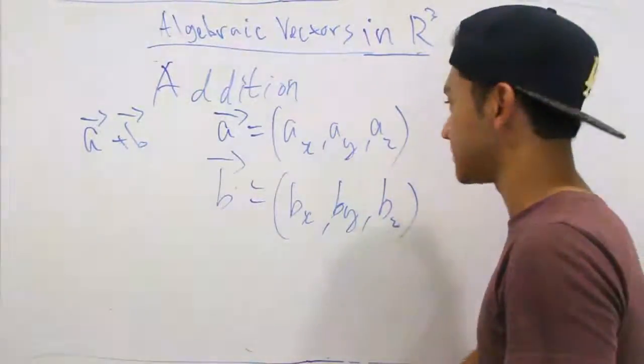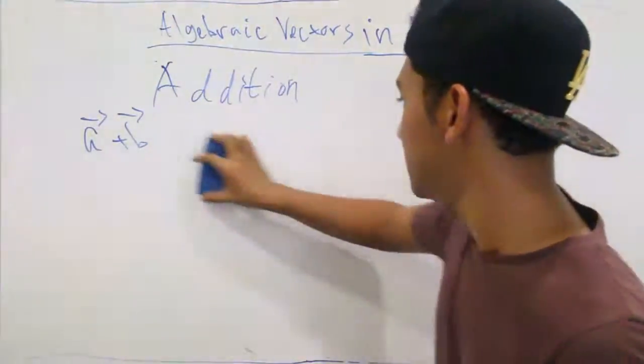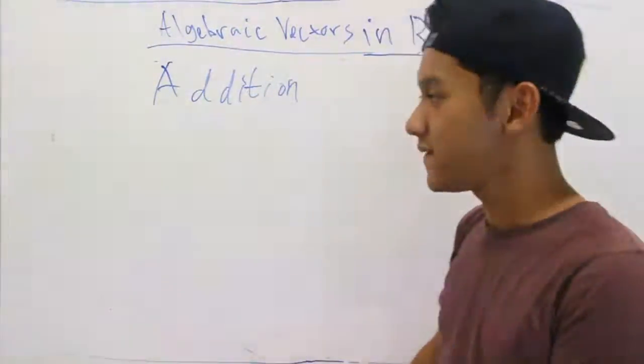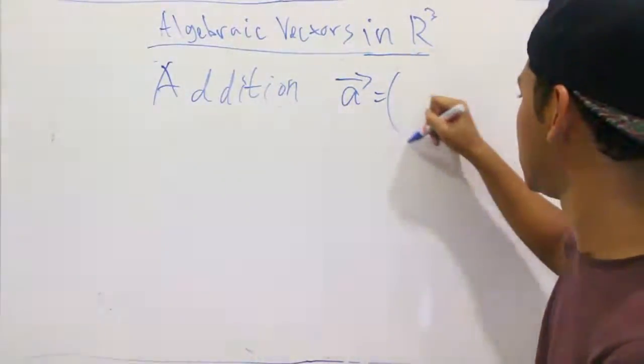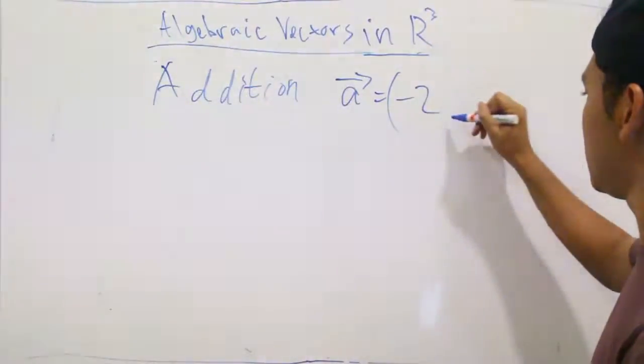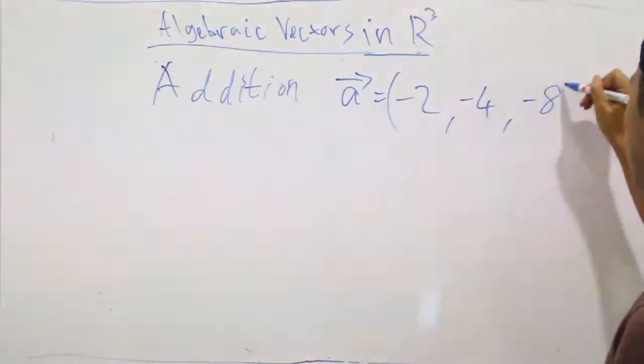Let's do that with numbers, which makes everything easier. Say we got vector A is equal to -2, -4, and -8.